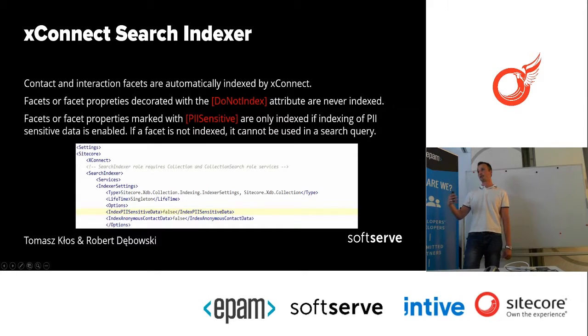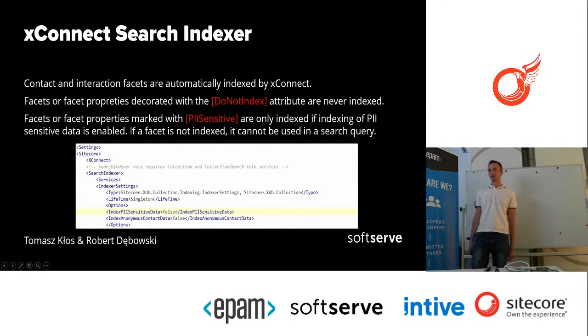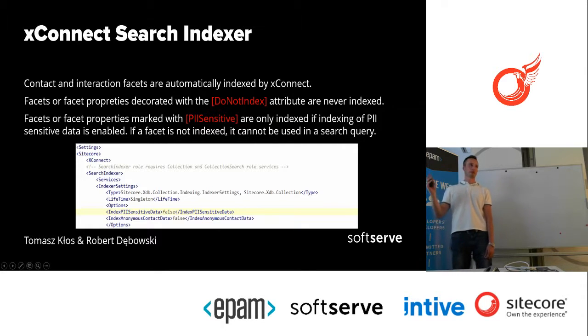You can check which data that you're putting to the XDB is sensitive, and this is the attribute PII sensitive. If you would like to turn it on or off for indexing, that is also possible.